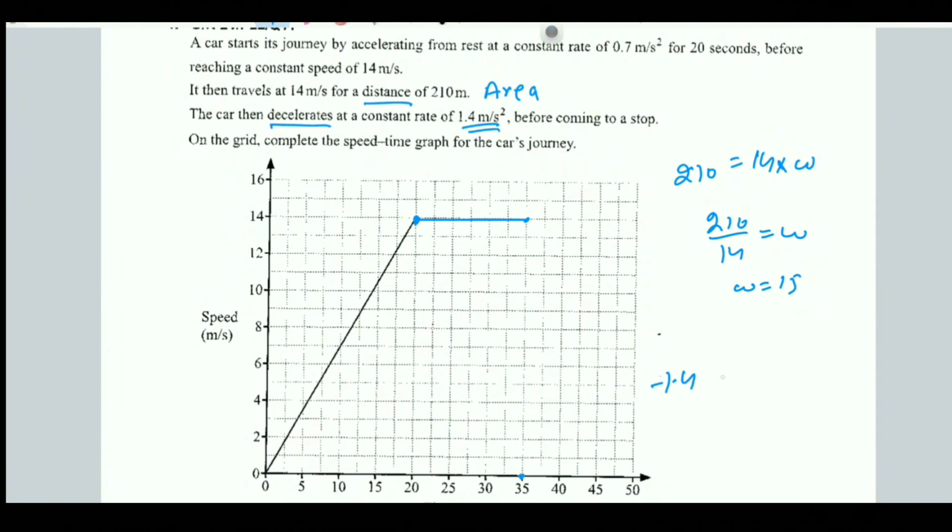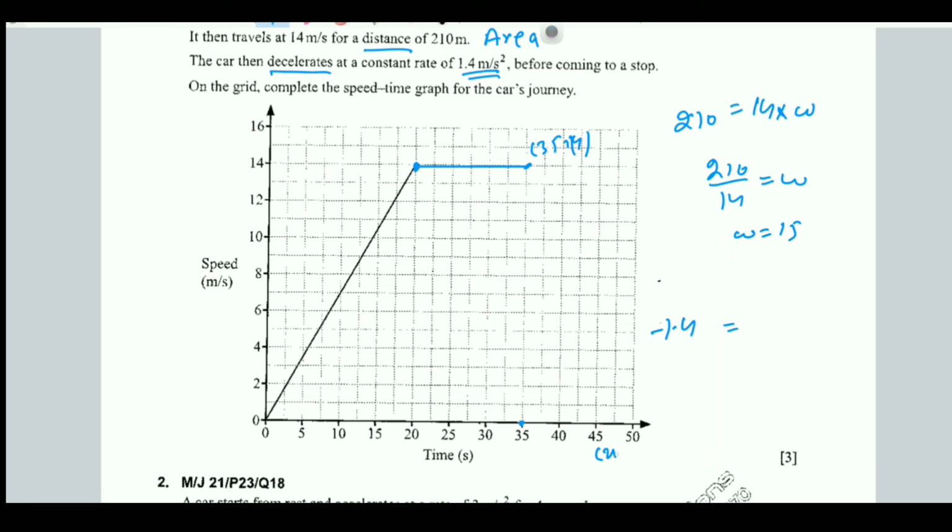This point is 35, 14, and the last point we don't know, so we don't know the value of x. y will be 0, because on the x-axis y is 0. So y2 is 14, y1 is 0, x2 is 35 and x1 is x.